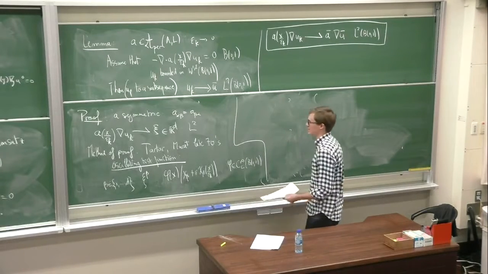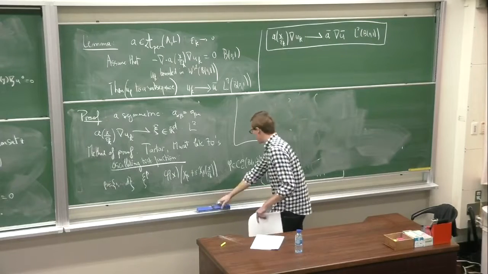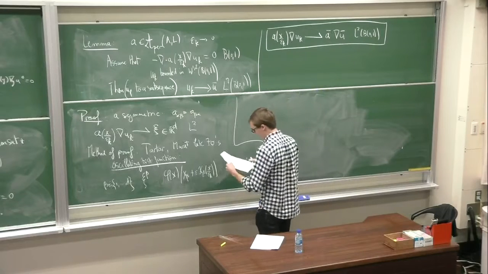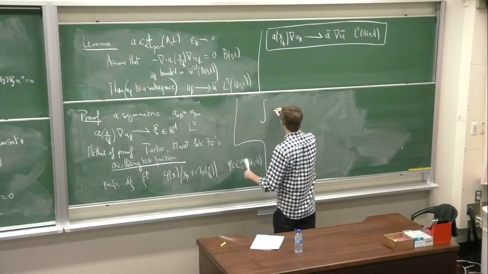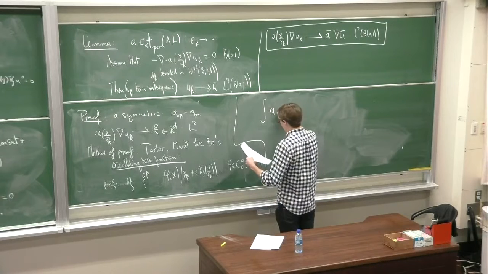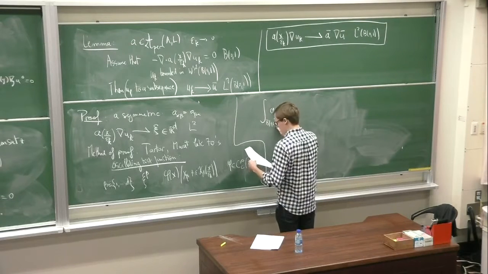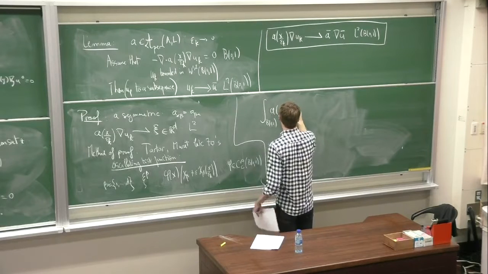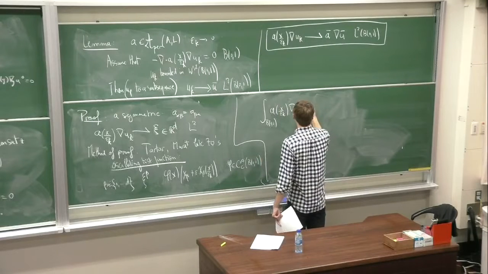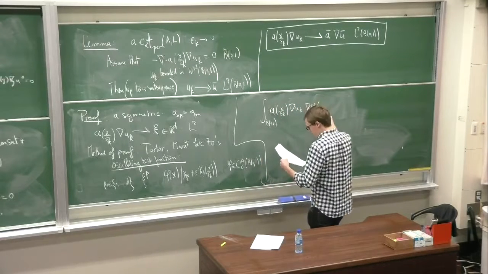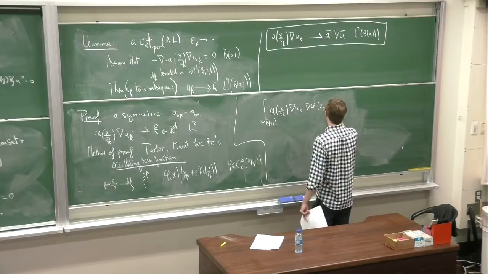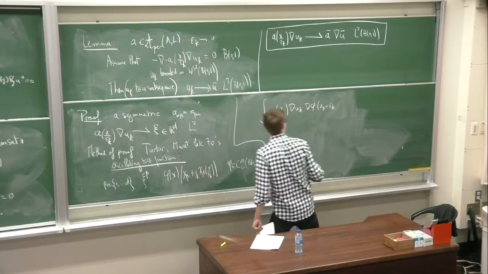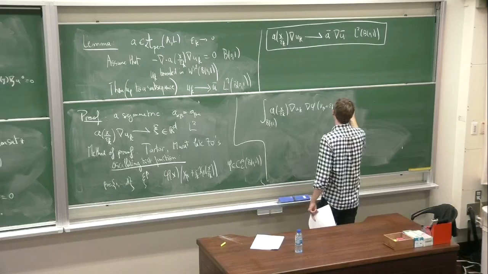So testing against this function, I obtain the integral over B(0,1) of A(x over epsilon k) gradient u k, gradient of phi times x beta plus epsilon k chi beta of x over epsilon k.